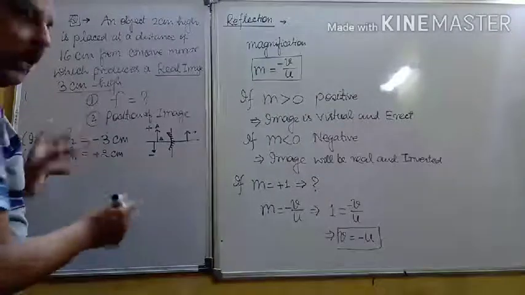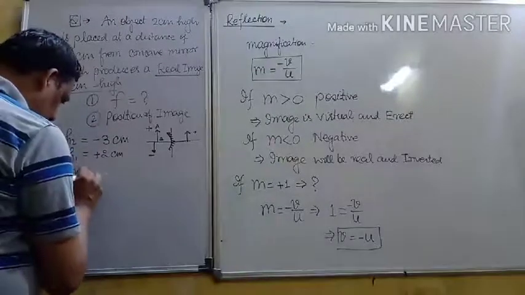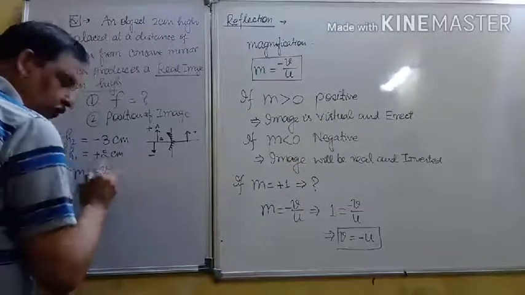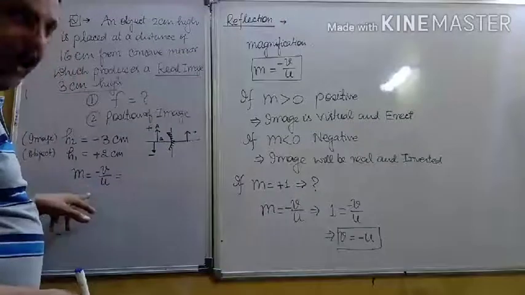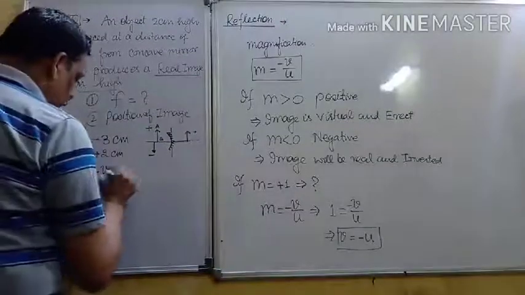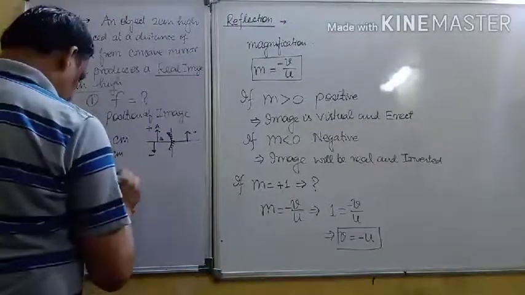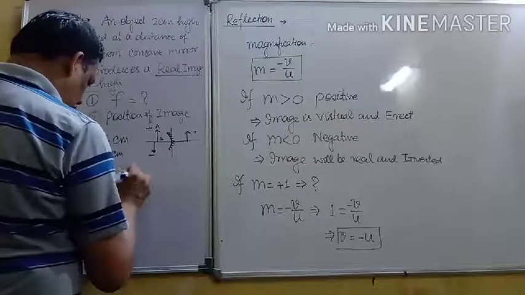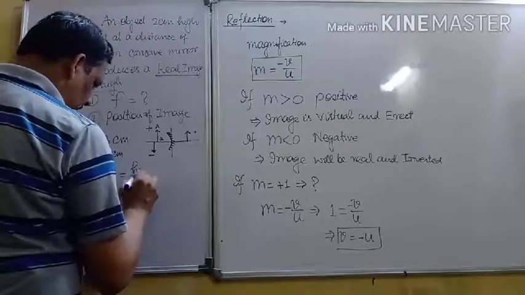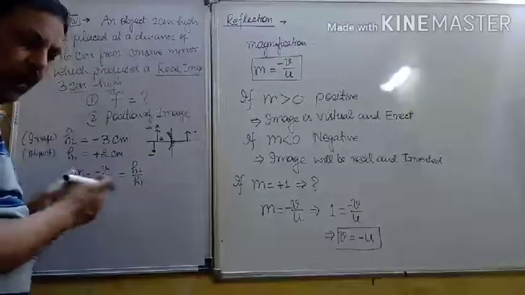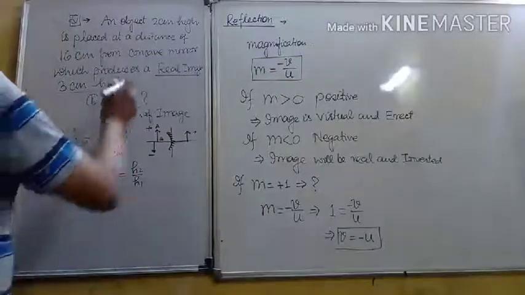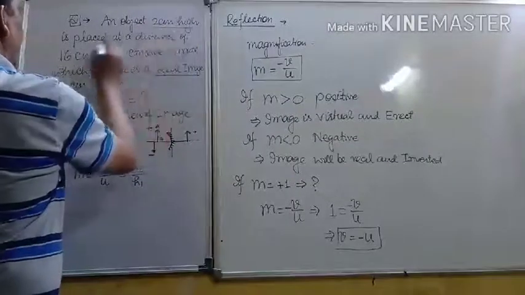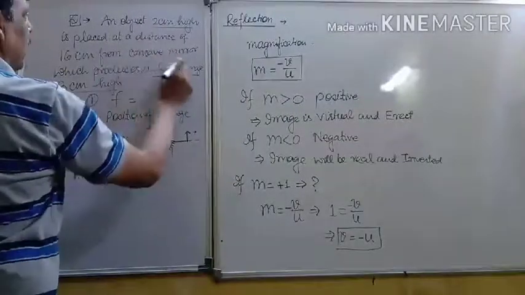Now we will calculate magnification first. Magnification is minus v upon u, which is equal to h2 over h1. Now you can see here the object is 2 centimeter height, placed at a distance of 16 centimeter from the concave mirror.